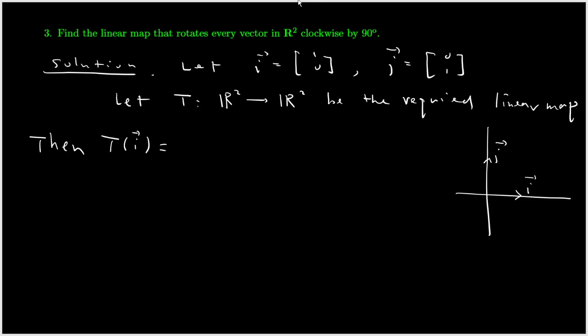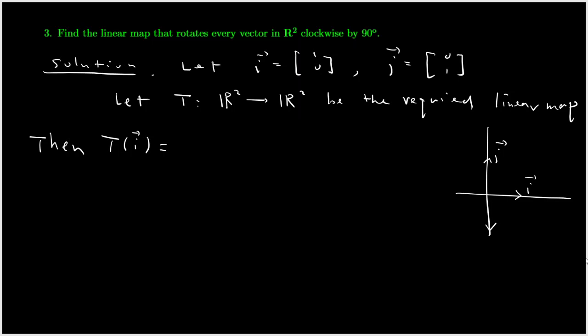Okay. I will tell you why. The output of i is found by rotating the given i clockwise by 90 degrees. Now you look at the screen. That's the vector i. If you rotate i clockwise by 90 degrees, you have a vector in here.